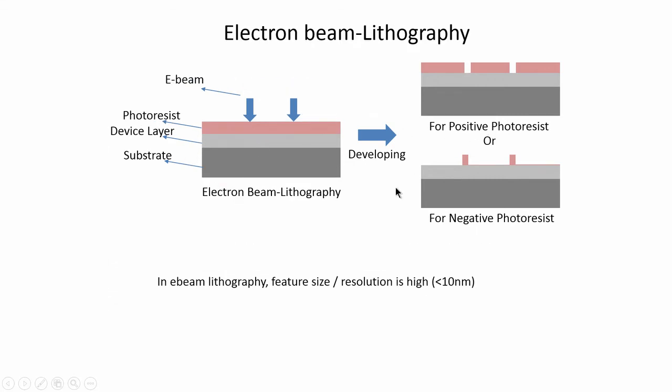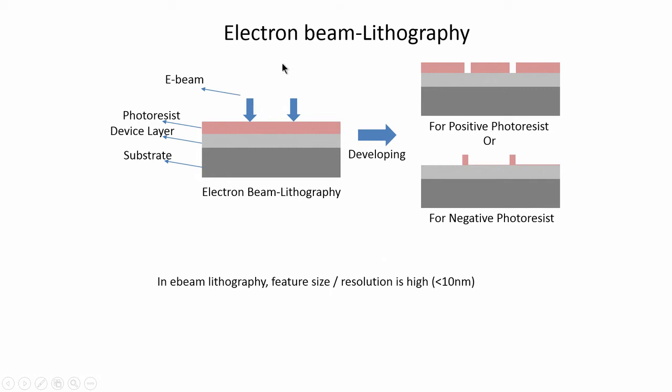In electron beam lithography, we need not have a separate mask, but you have a photoresist which is sensitive to these electron beam energies. So, you have the substrate, then the device layer and a uniform layer of photoresist, typically by spin coating for example, and then expose.